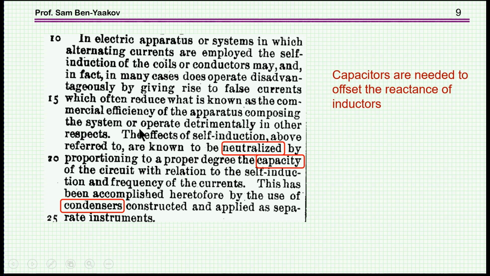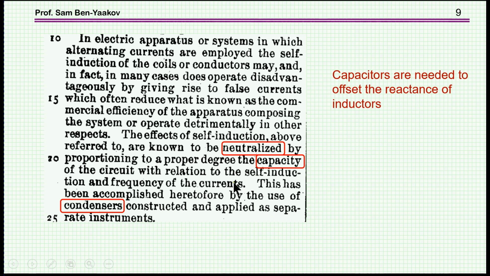And this means that the inductance or the reactance of the inductor is limiting the current. And these effects of self-induction are known to be neutralized by capacity, that is capacitors, and these are condensers that are constructed and applied in a separate instrument.